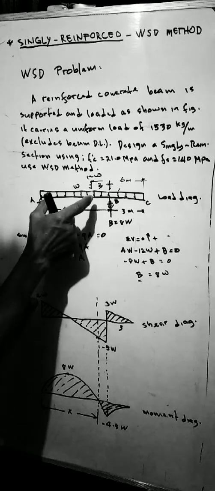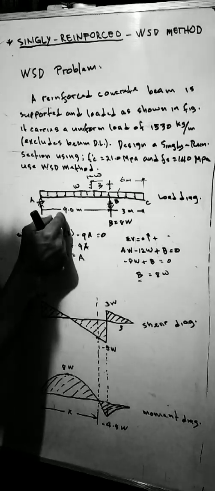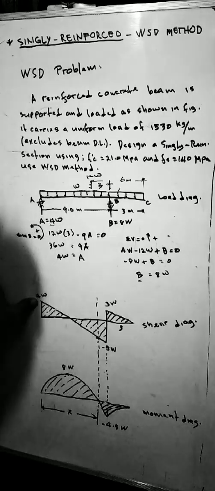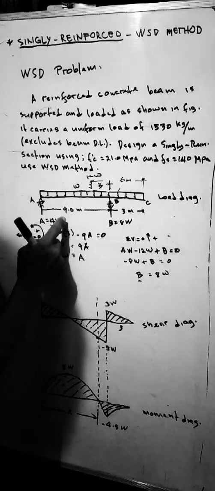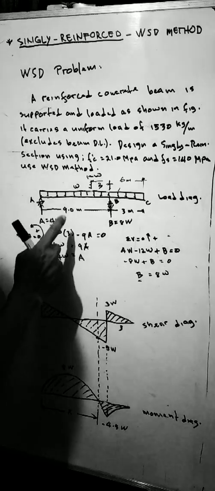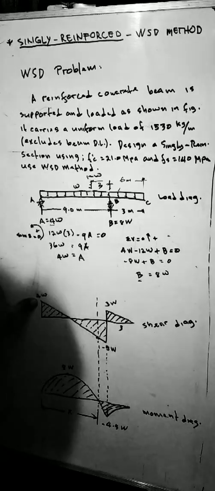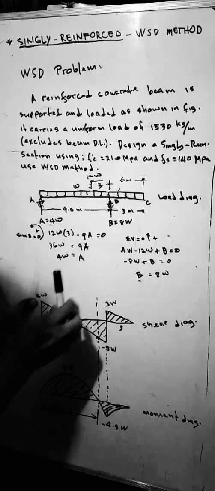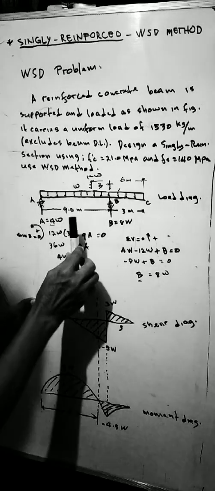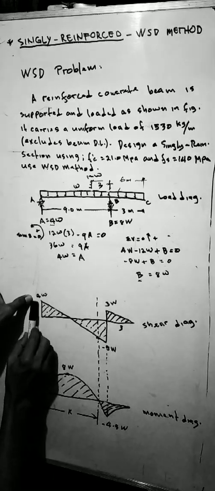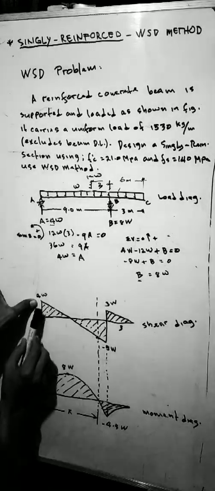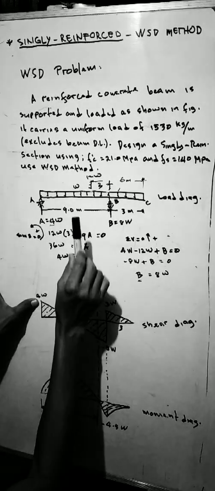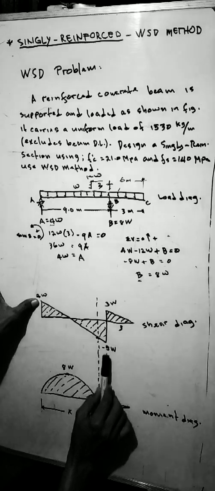The beam from here to here is 9W, that is negative. 9W minus 4W, because we start here. The line will start here up to here. So 9 minus 4 is 5.